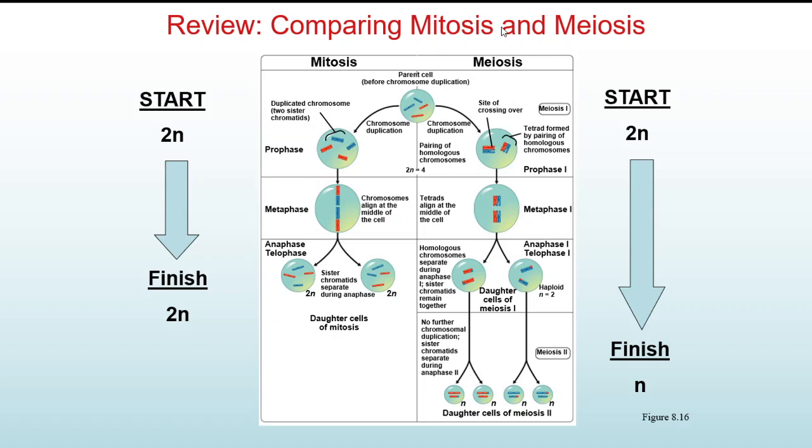When you go through meiosis, you will not get 2 identical cells. You actually get 4 non-identical cells because we go through 2 divisions. So we start with 2N and finish at N. Meiosis only happens in the gametes. Mitosis happens in the rest of the body. This is what happens as a baby grows. Meiosis only happens in the gametes, okay?